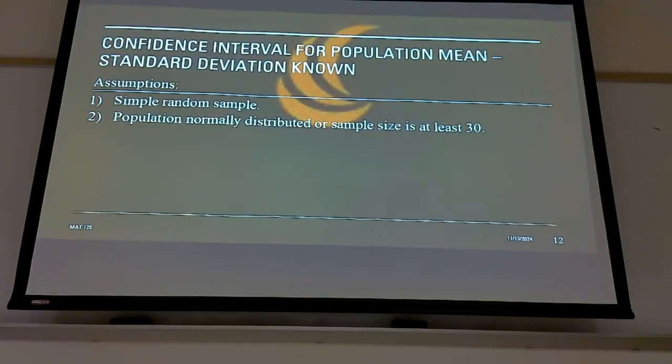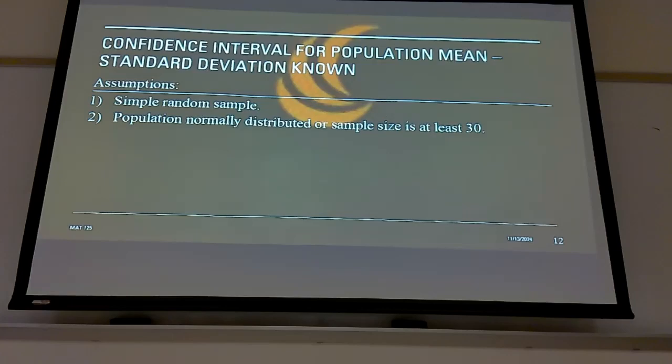The population is either normally distributed or your sample size is at least 30, so the central limit theorem is satisfied. What the central limit theorem says is, if your population is normally distributed, then the means are automatically normally distributed. If not, you must have a sample size of 30 or larger, in which case you can approximate the means as being normally distributed. And obviously the larger the sample size, the more closely the means resemble a normal distribution.